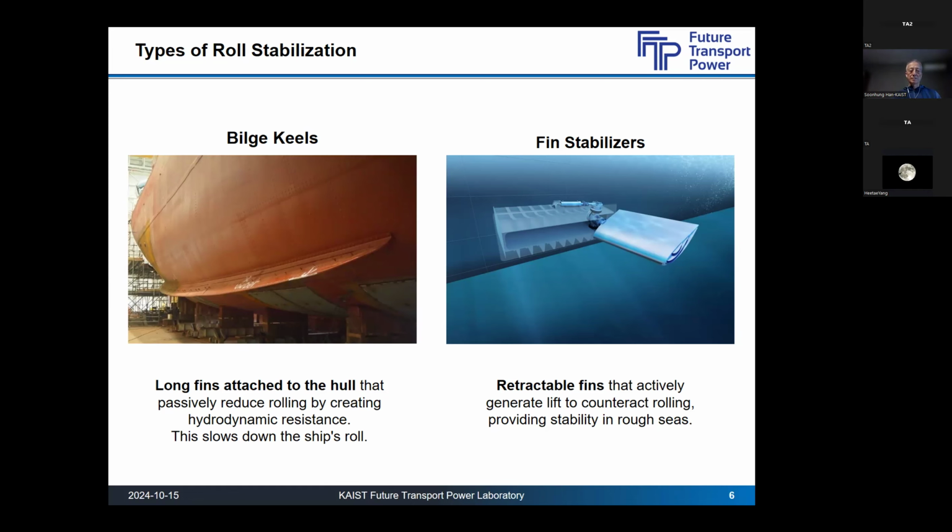And number 2 is the fin stabilizer. It looks the same as the bilge keels, but they are retractable fins that actively generate lift to the boat to counteract rolling. It also provides stability in rough seas or oceans.